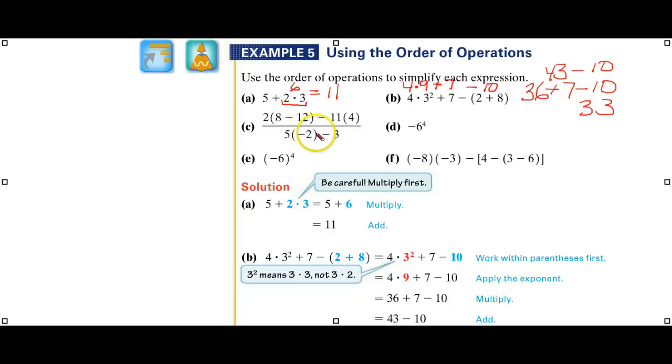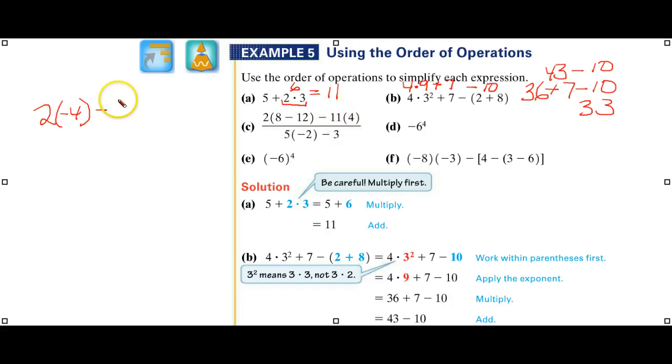Now for letter C, I'm going to kind of do it over here. So what do we do first? Well, what's in the parentheses? So 8 minus 12 is going to be negative 4, 2 times a negative 4 minus, now we can do this here too.